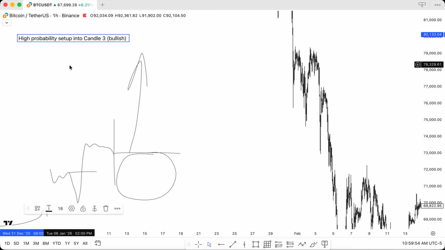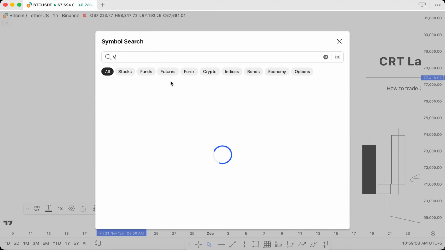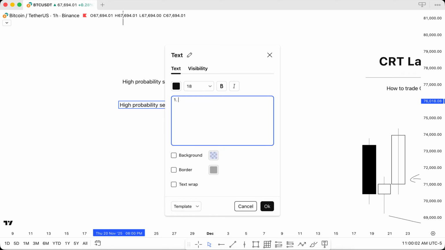Now, when you know this, what you have to do is position yourself in the wick, meaning entry below the opening price. Next, entry within a Q zone, London Open or New York AM.